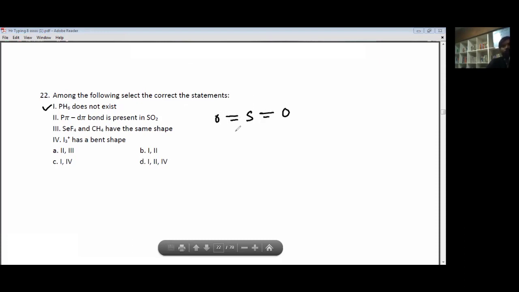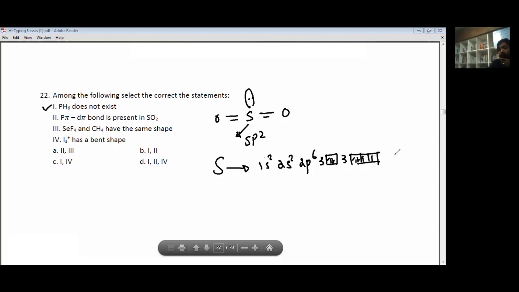this is the structure of SO2. So what is the hybridization? This is actually the main structure, so hybridization sp2. Consider the sulfur atom. For sulfur, the electronic configuration is 1s2, 2s2, 2p6, 3s2, 3p4, with 3d vacant.